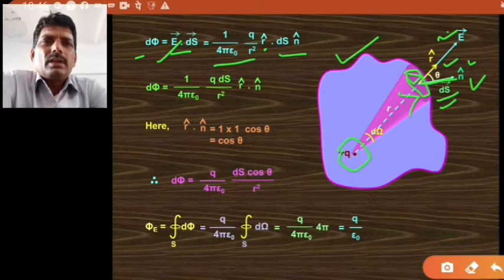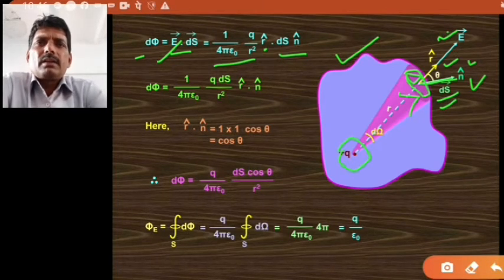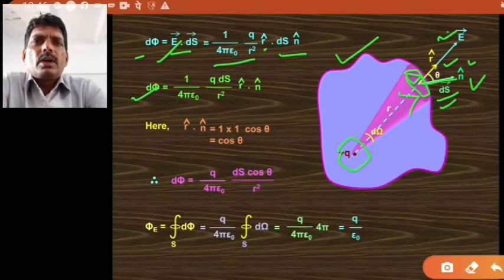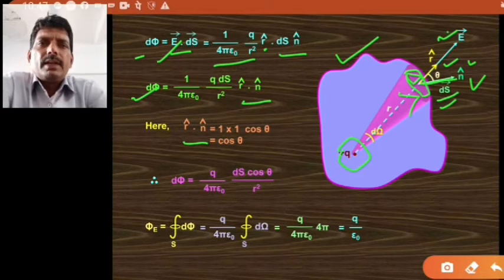We have already discussed the area vector concept. So d phi is equal to 1 upon 4 pi epsilon naught q ds upon r square r cap dot n cap. Now here you see, previously we put r cap dot n cap equal to 1 since the angle between them was 0.